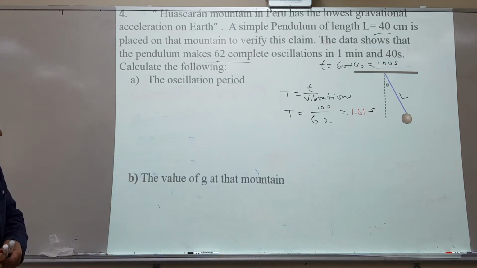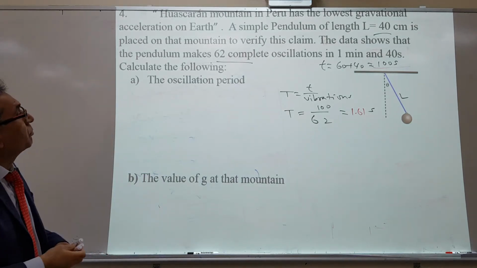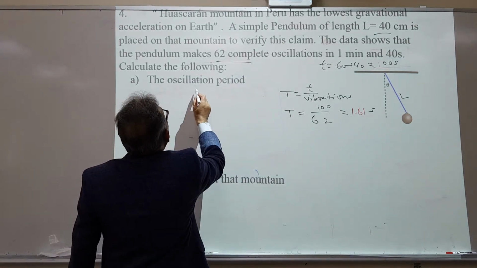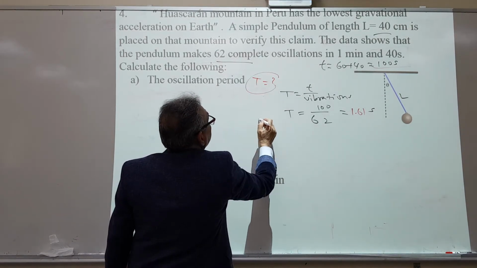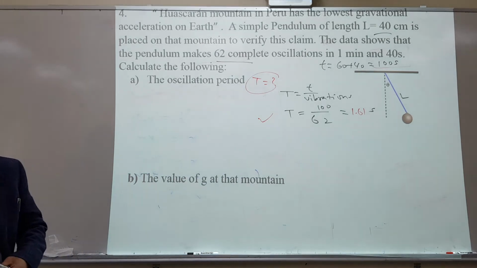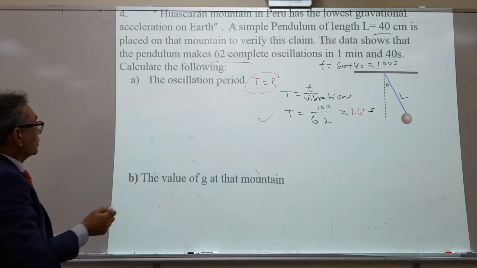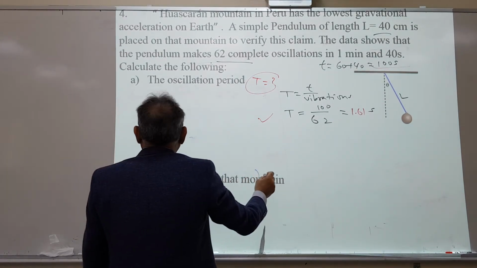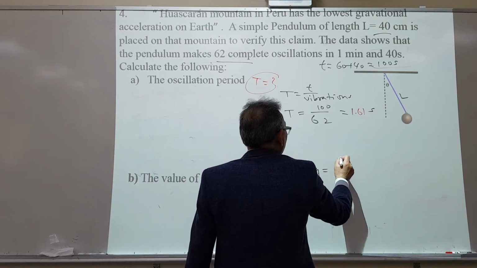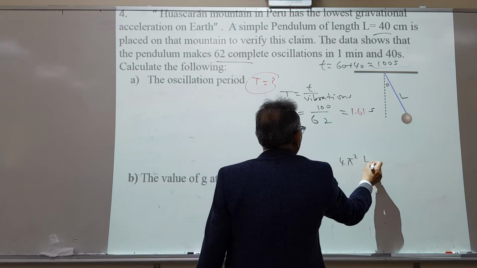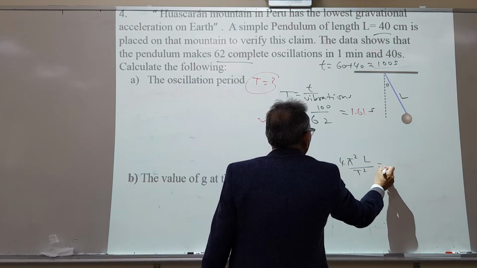So you have to find out the time period, this is the oscillation time. We just finished that. Then you have to find out the value of g. We already did one example in the chapter. g is 4 pi square L over T square.